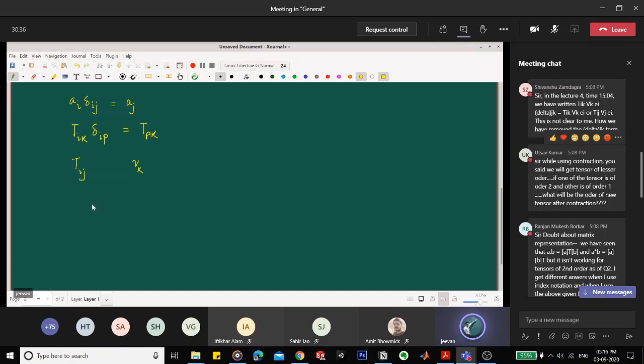We want to take the contraction of these two. All that you have to do is make one of the indices the same. So let's say we take j equal to k. We have another choice, of course, that we can set i equal to k. That will result in something completely different. But for our illustration purpose here, we'll just take j equal to k.